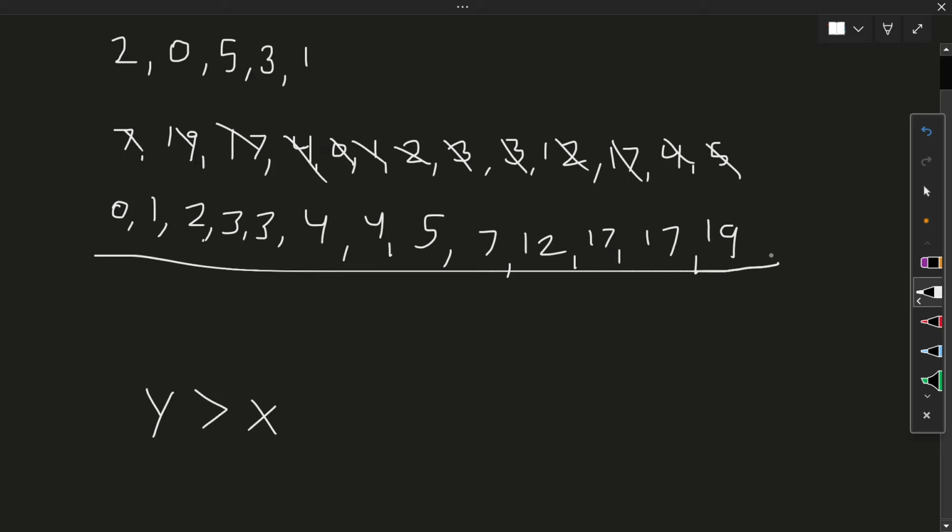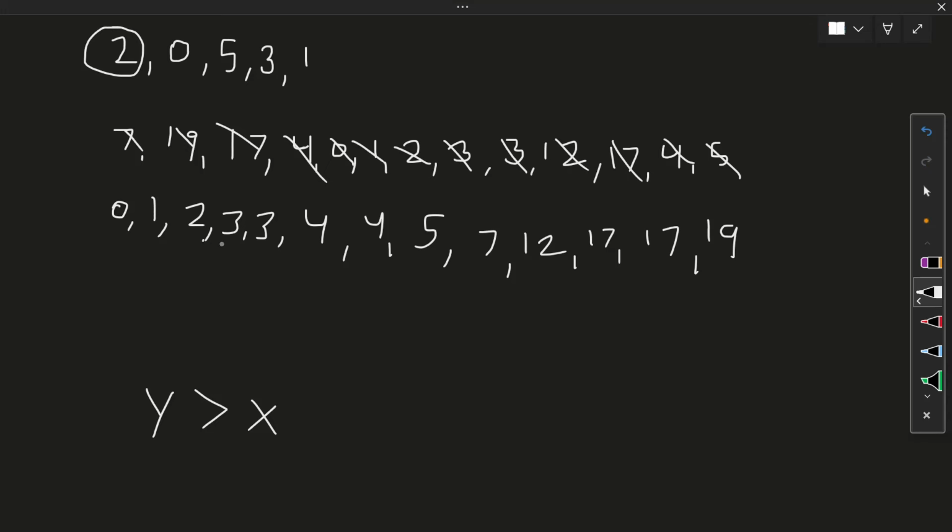Here is the sorted y array, and we have to find the values of y which are greater than x. Suppose we have the x value as 2. Then 3 is more, and all the values on the right hand side are more.